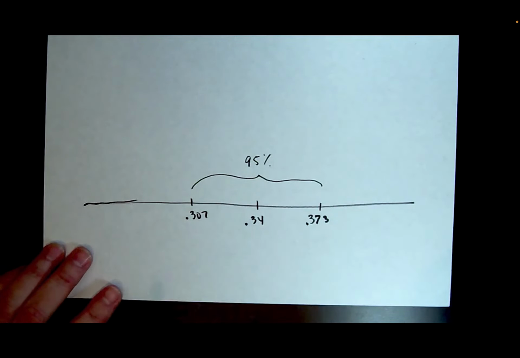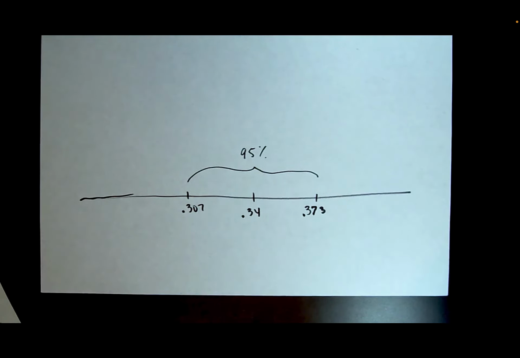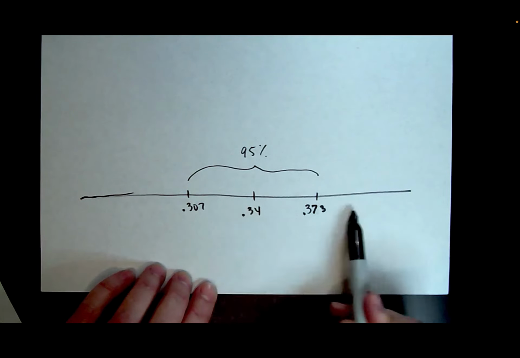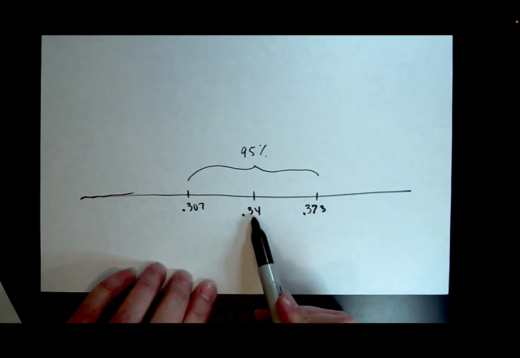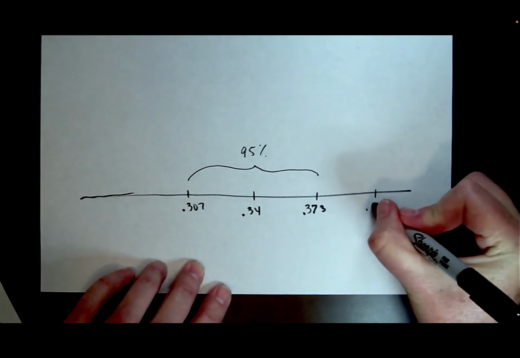So then we repeated the calculation for the margin of error for 99%, and we got a larger margin of error. We got 0.043. So if I go 0.043 to the right of 0.34, I'm going to get to 0.383.